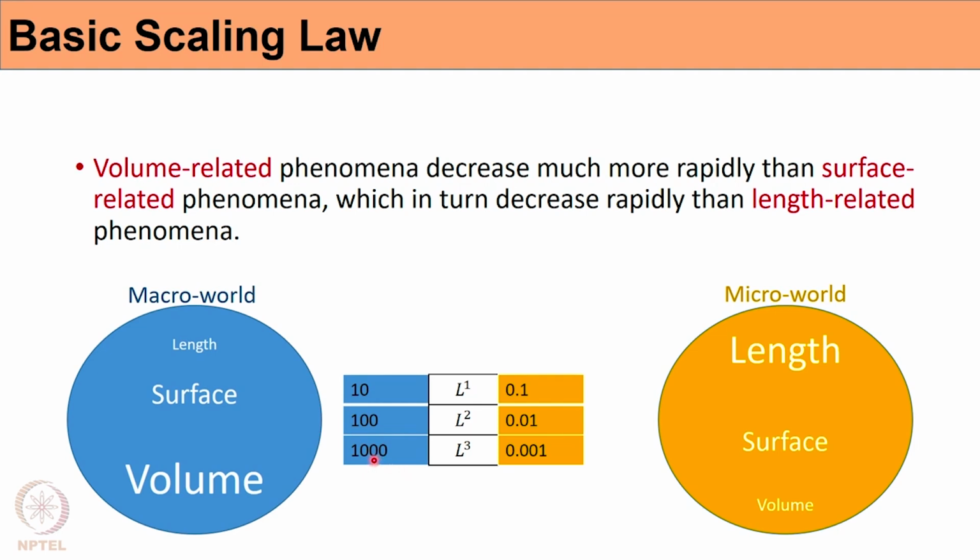Whereas if we reduce L by 10 times, then this force will reduce by 1000 times, while the surface or length dependent forces will not reduce by 1000 times, they will only reduce by 10 times. So forces which are volume dependent, the volumetric forces, will be dominant in the macro world, whereas the one dimensional or two dimensional forces like surface tension will be dominant in the micro world.